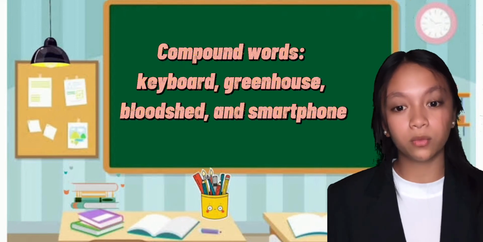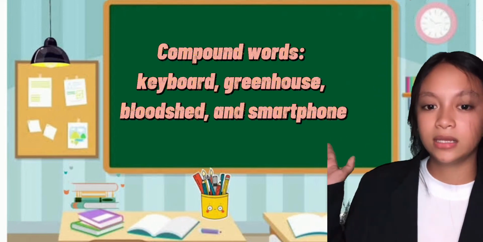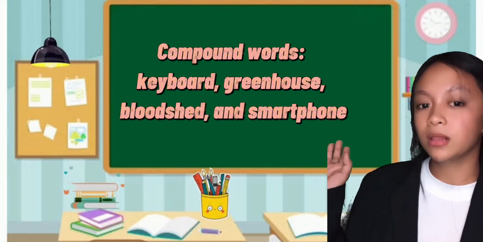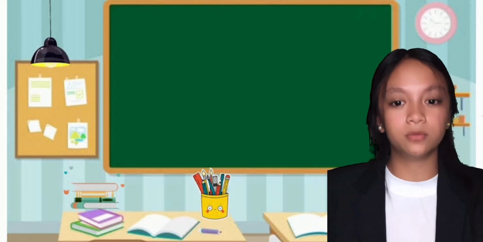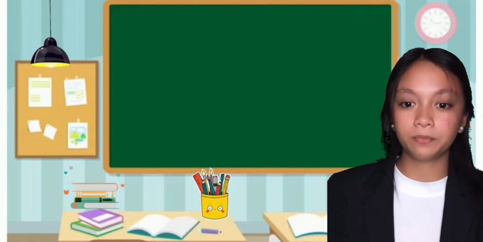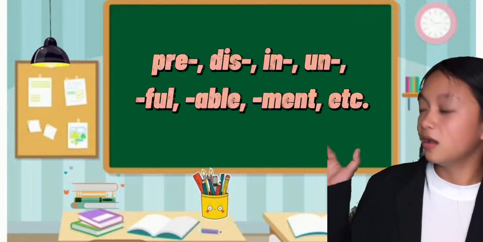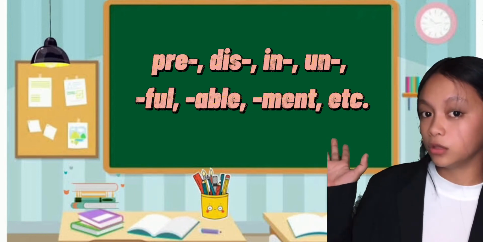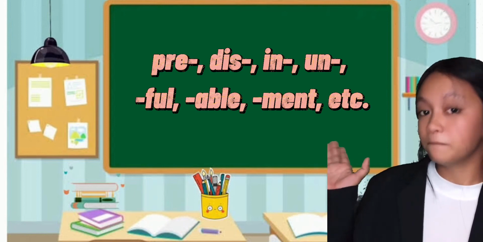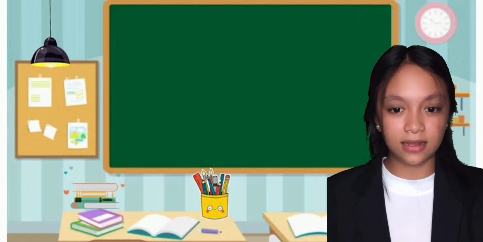Examples of compound words: keyboard, greenhouse, bloodshed, and smartphone. Morphemes that can only be attached to another part of a word, or cannot stand alone, are called bound morphemes. For example, pre, this, in, an, full, able, meant, and etc.